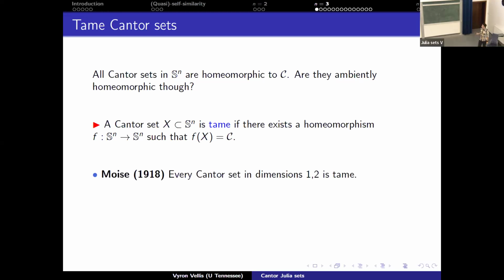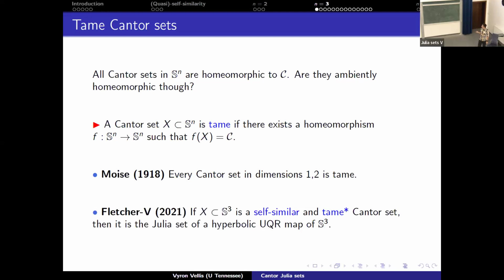And in dimensions 1 and 2, by an old theorem of Moise, everything is tame. Okay? And specifically for tame Cantor sets in 3 dimensions, we have a theorem. So if you have a self-similar and tame* Cantor set in 3 dimensions, then it is the Julia set of a hyperbolic UQR map.